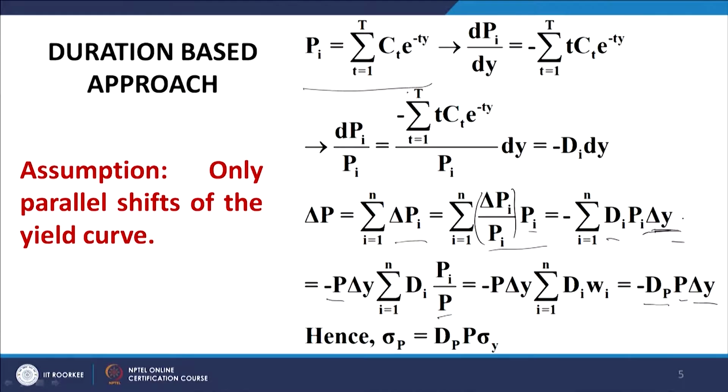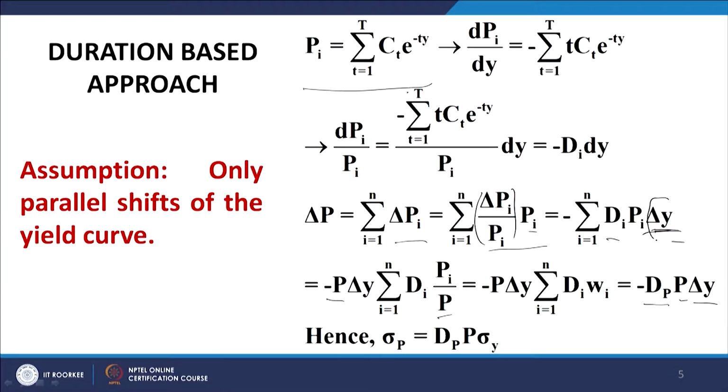Whenever delta y shifts, it shifts by the same amount. So, that is very important, and that forms the fundamental flaw, the fundamental limitation of this model. That is what restricts its application, that we assume the shift in the yield curve is parallel.